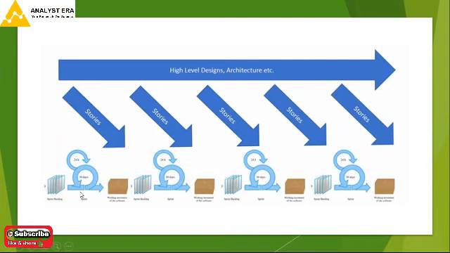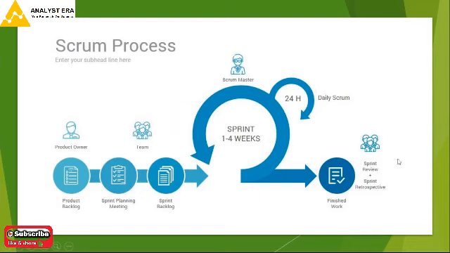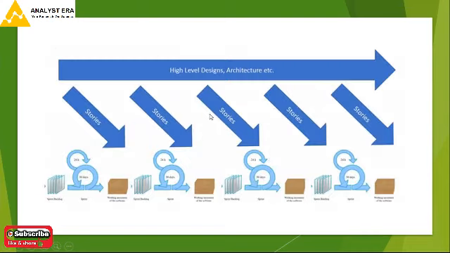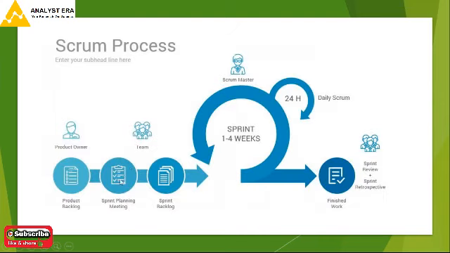What are your sprints looking like? Your sprints are looking like this. If I zoom out, user stories keep on coming into sprints. When the sprint starts, the planning meeting happens, the sprint starts, the daily scrums happen.